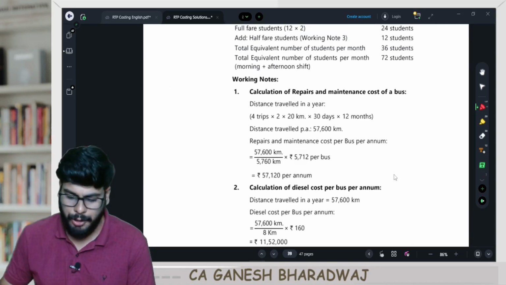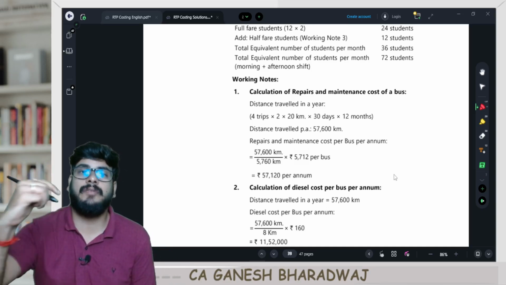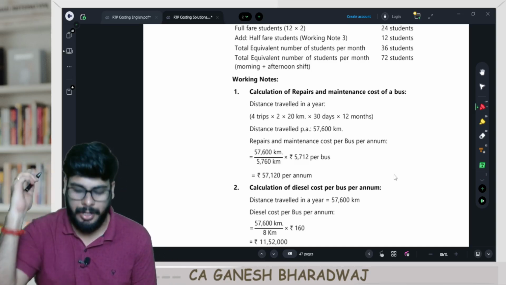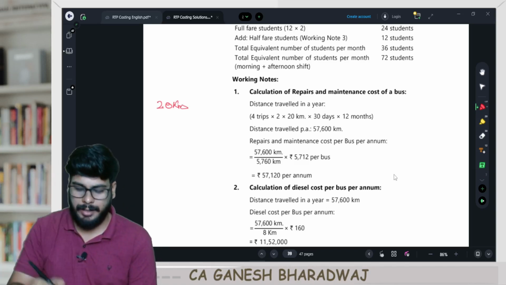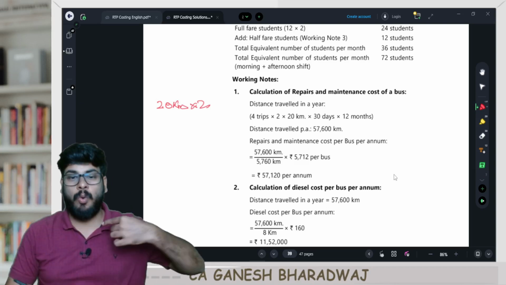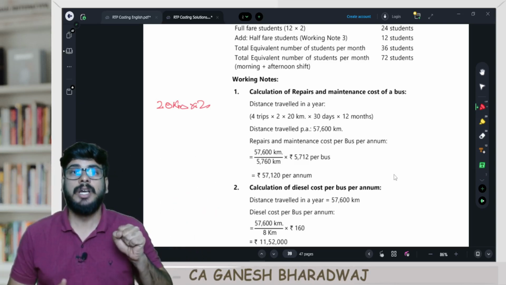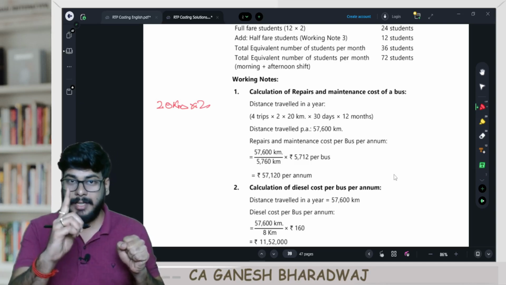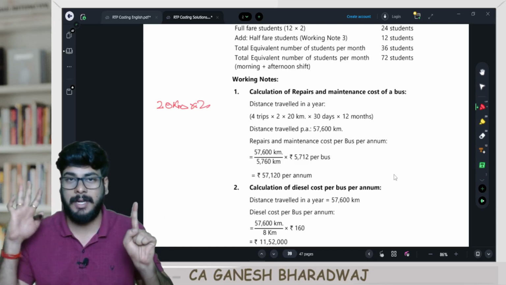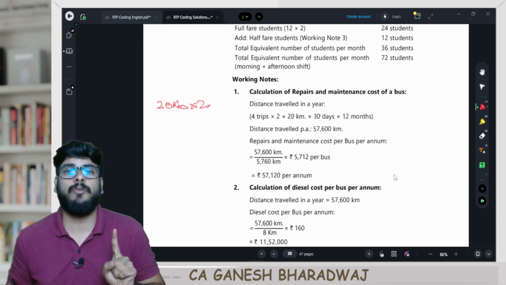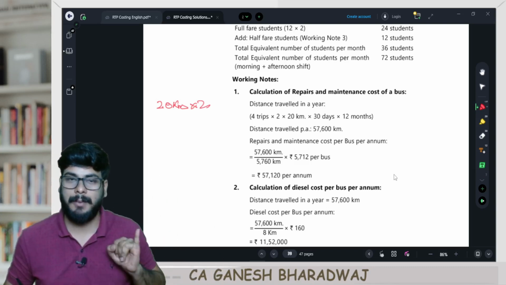So how will you compute the total distance? Now they have given that each bus is traveling a distance of 20 kilometers one way, right? So 20 kilometers is a one-way distance into 2 for one round trip. Now every bus operates on both shifts, the morning shift as well as the afternoon shift, correct? In the morning, from the college it starts, goes, picks up and comes back.